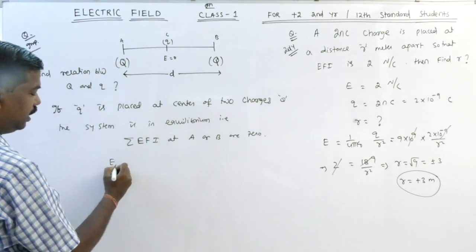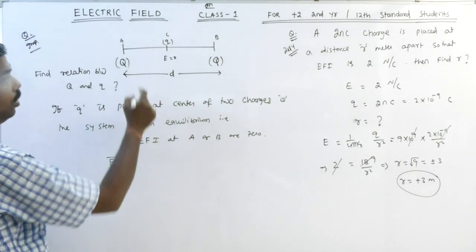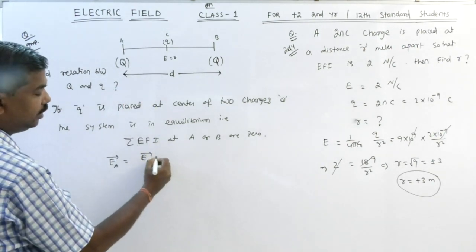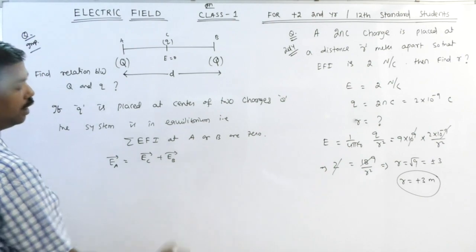Let EA vector is equal to EC vector plus EB vector.